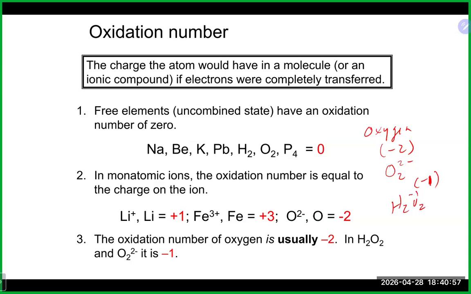This guy would actually have a -1 oxidation state because that's actually peroxide rather than oxygen. How do you know it's peroxide versus oxygen? Usually whatever it is attached to will have that kind of extra 2 in it. And that's how you can tell sometimes. I would say probably 99% of the time it's going to be just regular old oxygen with a -2. But again, if you have something like hydrogen peroxide or sodium peroxide, you can end up with one with a -1 charge.